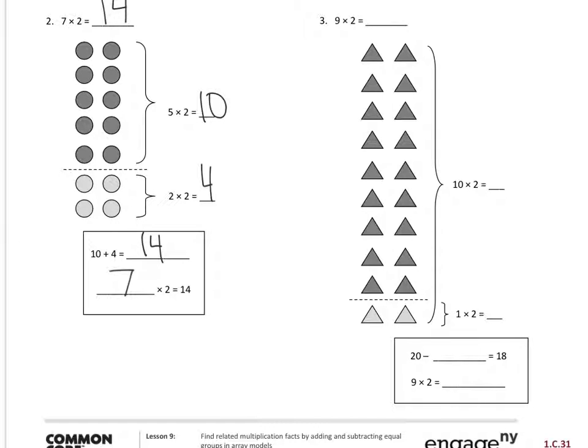So later, when we're doing problems that involve factors other than 2 and 3, so for example factors like 8 and 7, those ones that are a little bit harder to skip count, these strategies are really going to come into play then, because we're going to want to break our numbers down into problems that are easier for us to use.